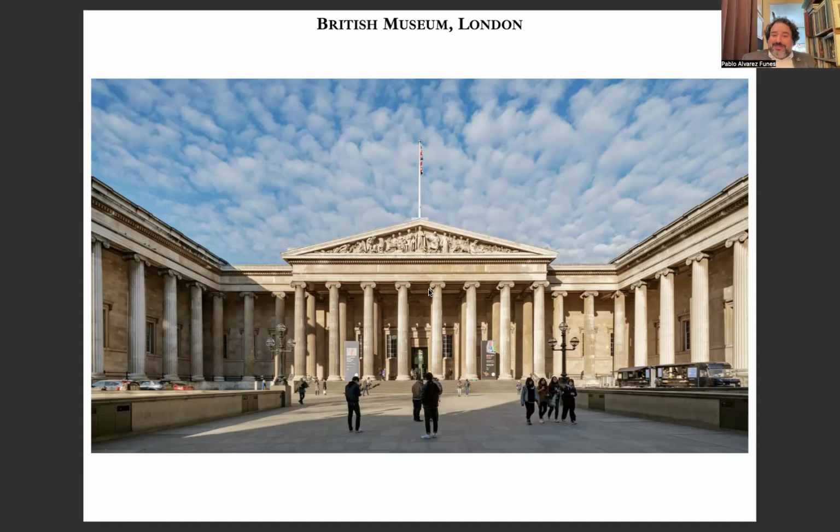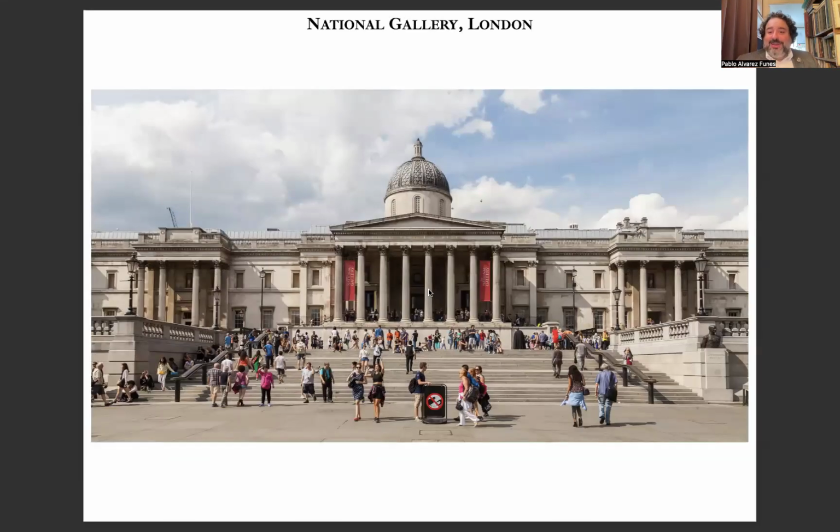As opposed to that, we have the National Gallery, where the architect had to reuse the rejected capitals from the British Museum. The British Museum was originally going to have these columns, this Corinthian order, and then eventually they decided to ditch it for the Ionic, and then basically they gave him the order: you must use these columns.